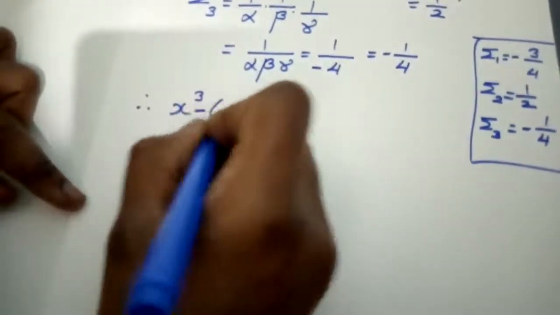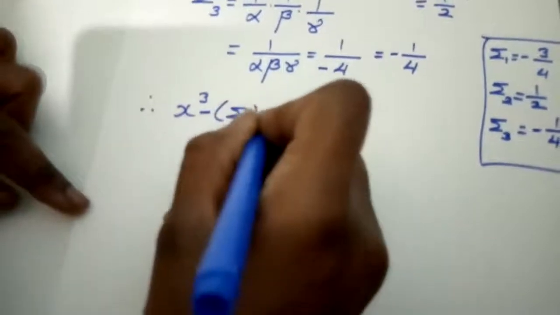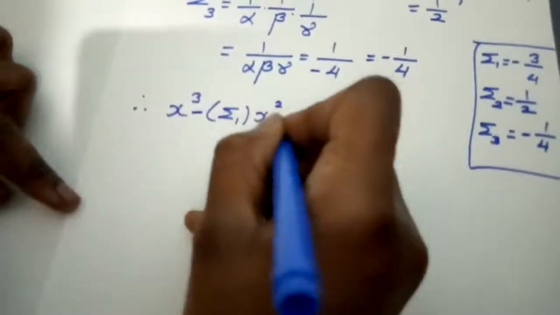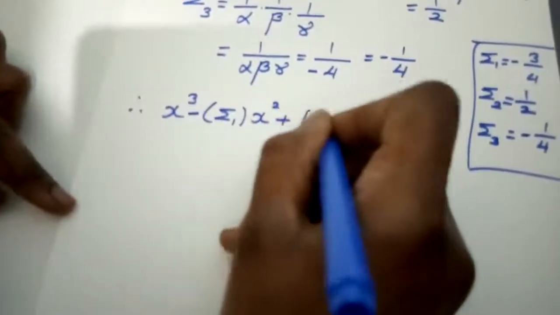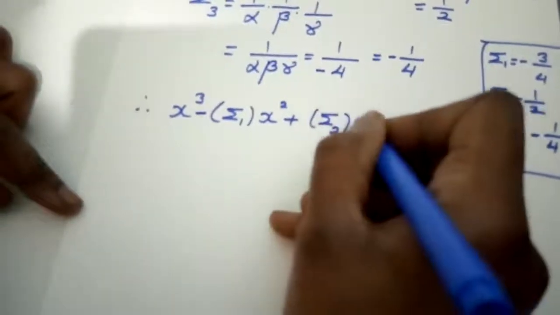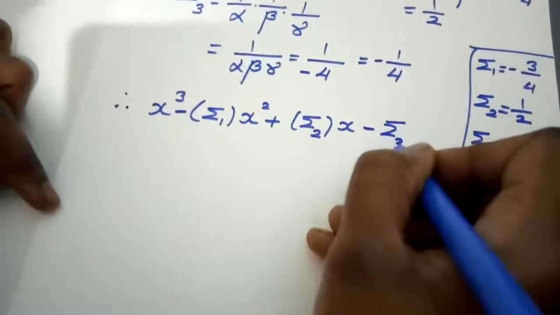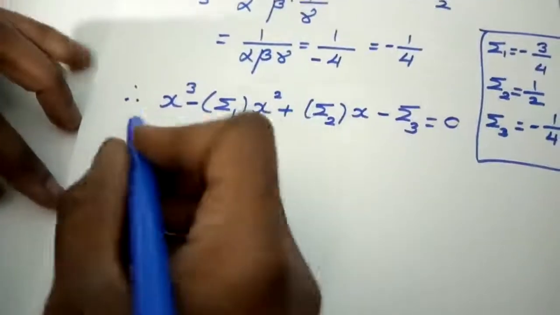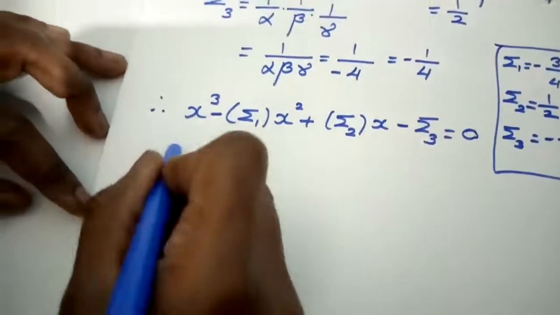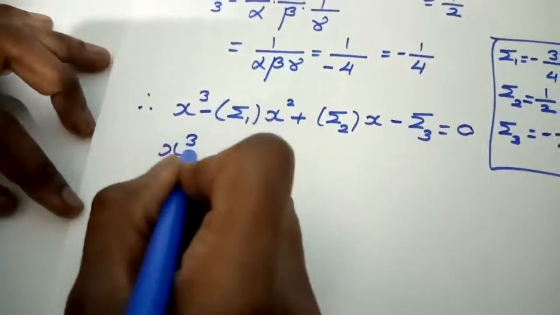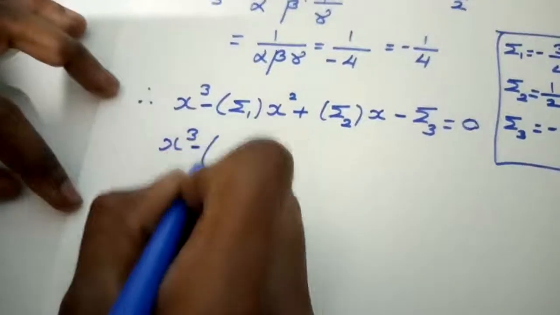X cube minus summation 1 x square plus summation 2 x minus summation 3 equal to 0, which is nothing but x cube. What is the value for summation 1?